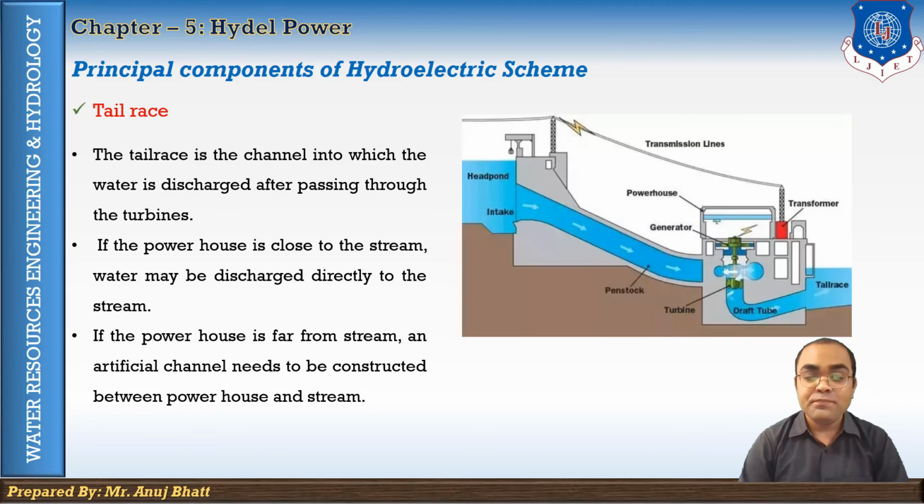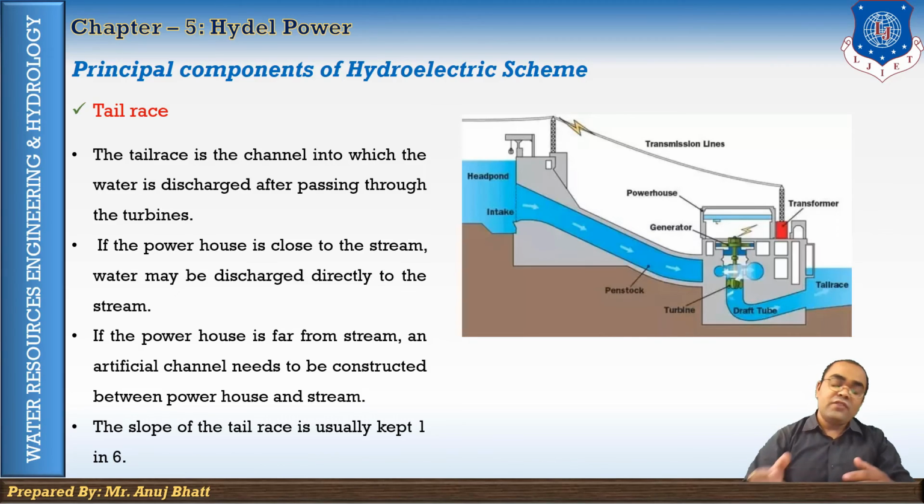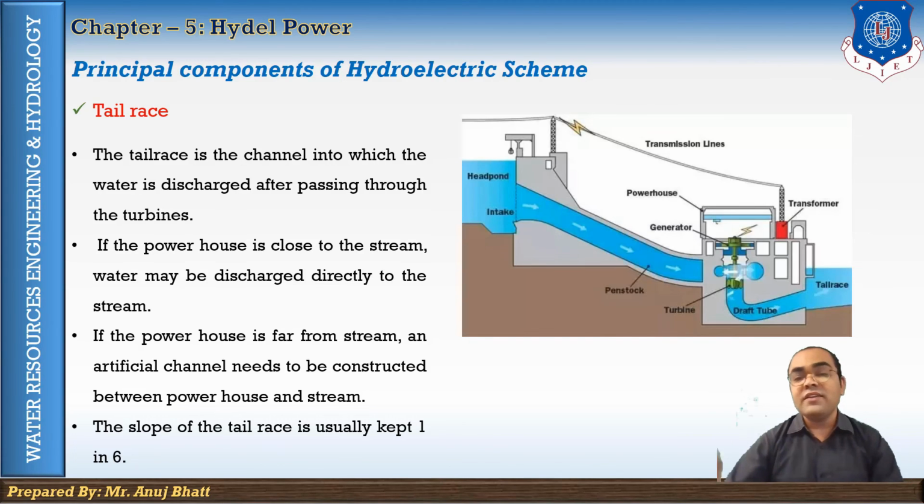A draft tube of a reaction turbine sometimes discharges at a level below the river bed, and thus the upslope of the tail race is usually kept at 1 in 6, from the draft tube exit to the river bed. So these are all the principal components of a hydroelectric power plant.